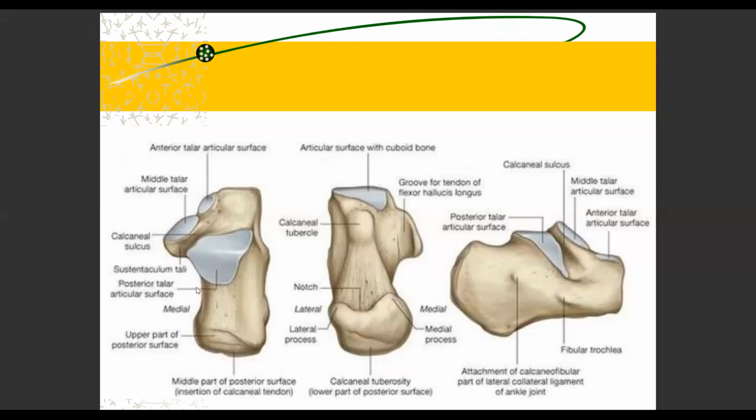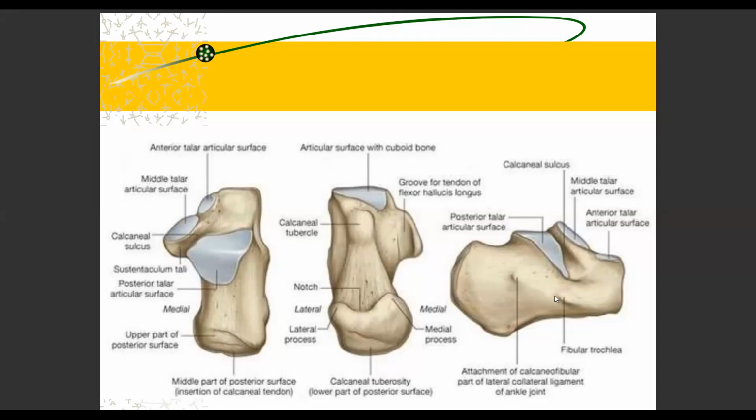This is the medial surface. This is the lateral surface. This is the posterior one. Here is the point where the calcaneal tendon attaches. The lateral surface is rough and almost flat.